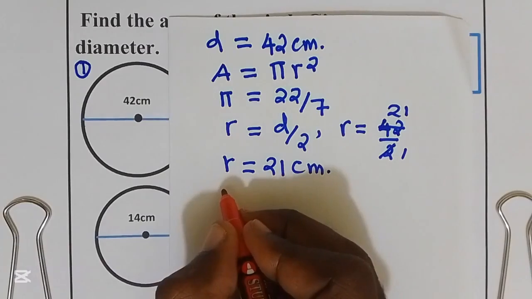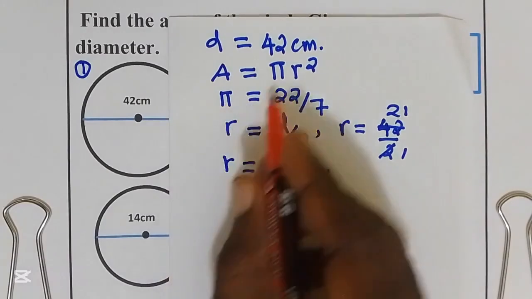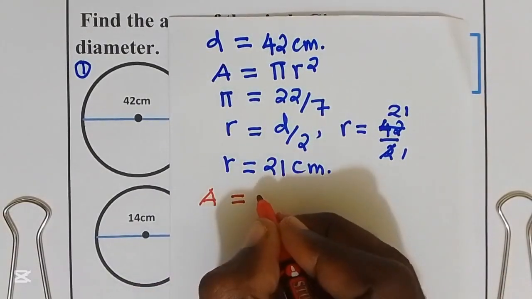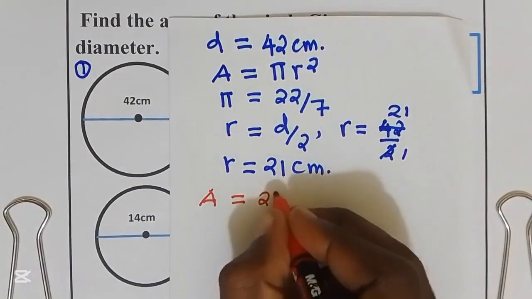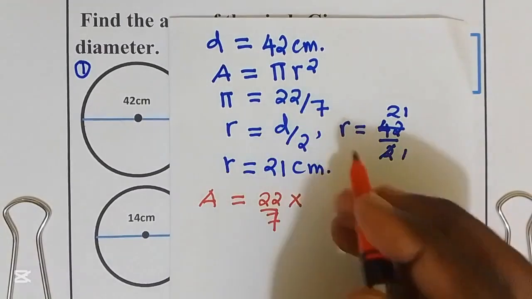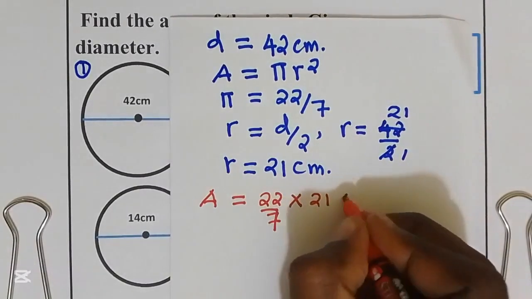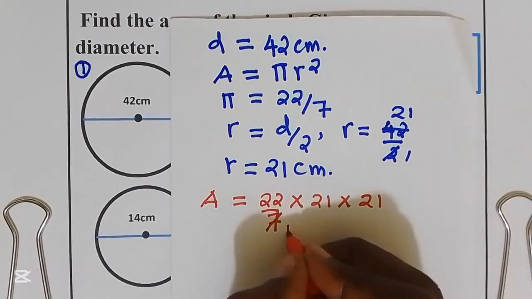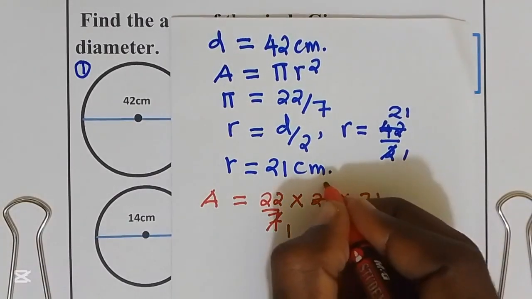From here now, we can find our area by substituting radius and pi into our formula. Area is equal to pi, that is 22 over 7, multiplied by r square, that is 21 multiplied by 21. By 7 it is 1, by 7 we get 3.